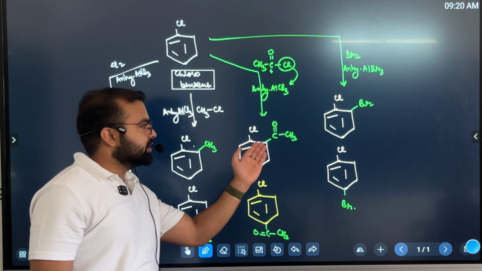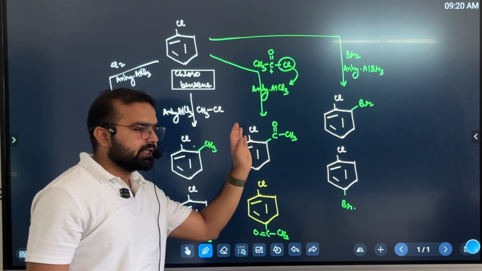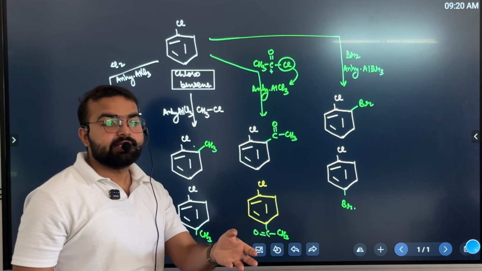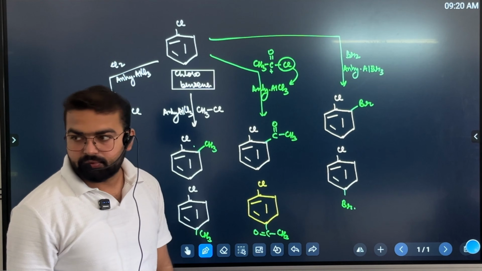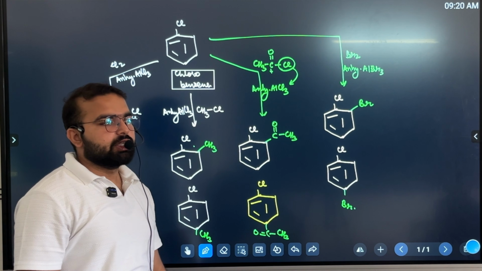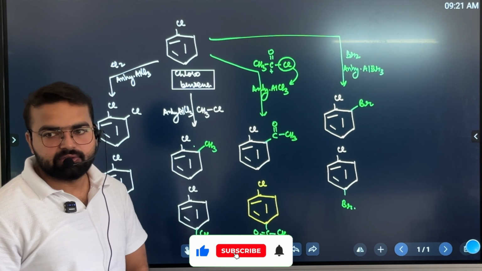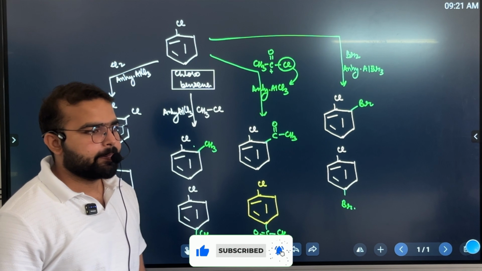Let's take COCH3 is there, or you already have this compound. If I pass it through chlorine in the presence of anhydrous AlCl3, what will be the desirable products? Slowly we will be moving into more depth so that the reaction can be understood properly. Clear?